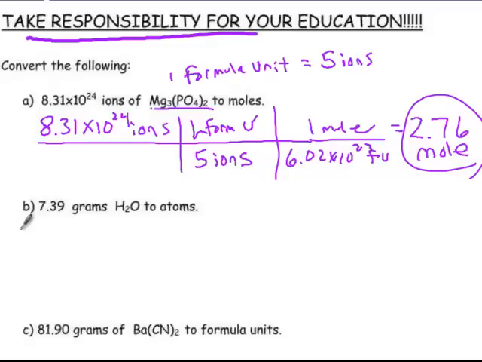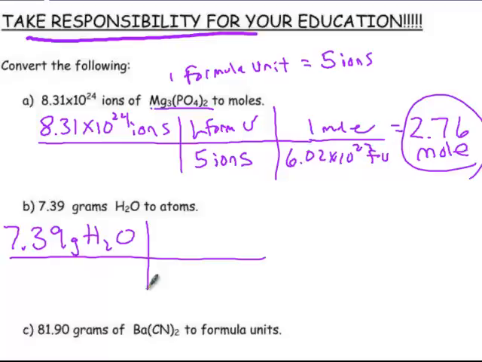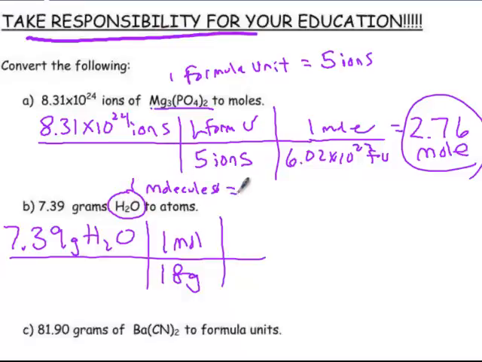And the next one, though, we start with grams, 7.39 grams of water. So from grams to moles, I need the molar mass. The molar mass of water is 18, 1 O, so oxygen 16, 2, so 18 grams in 1 mole. So now I have moles. Now the fundamental unit of water is molecules, because it's molecular. So 1 molecule will equal how many atoms?